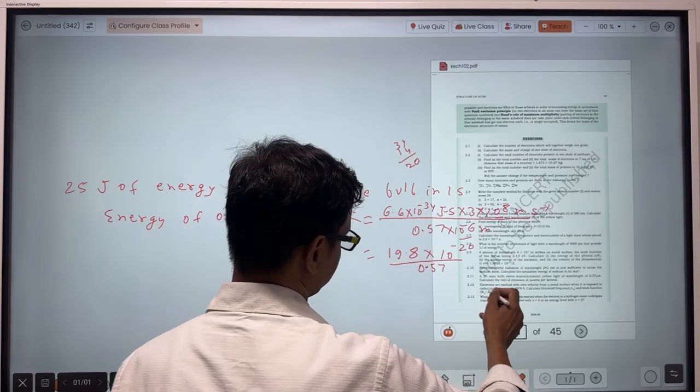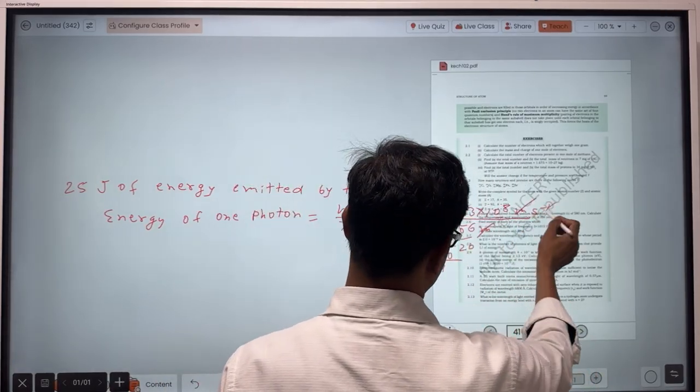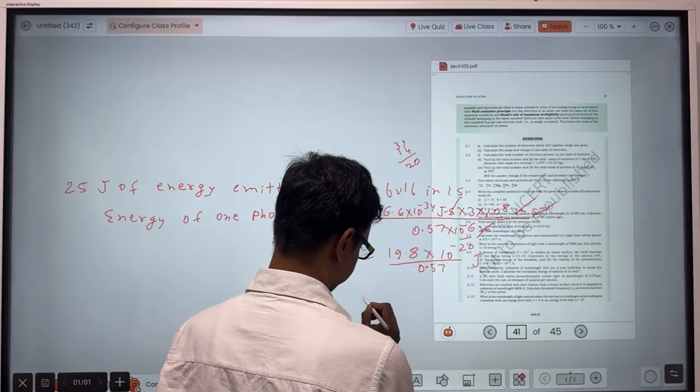And it will be, meter cancels out, second cancels out, so it will be in joule.